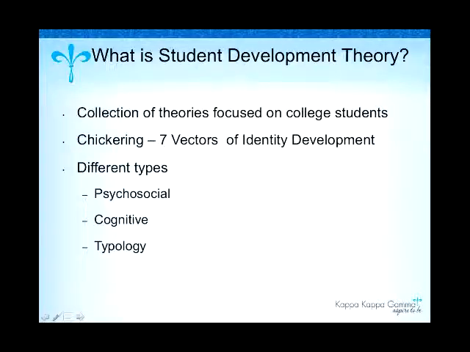And a lot of this early research was done in the late 19th century and early 20th century, looking at college students, looking at how they progress, looking at what made them successful, and then looking at what institutions, faculty, staff, and advisors could do to support students through this developmental phase.